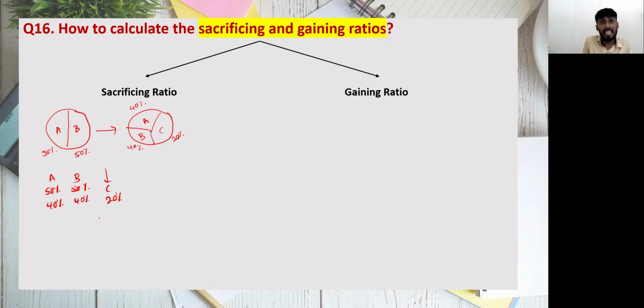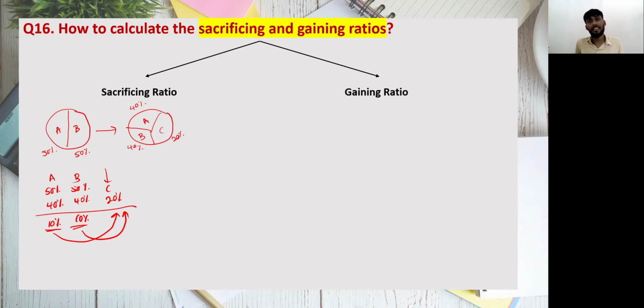The new partner is getting 20%. What happened? Earlier A got 50, now getting 40. That means A has sacrificed 10 and given that 10 to C. B has sacrificed 10 and given that 10 to C. So A 10%, B 10%, they both equally contributed and gave 20% to C.